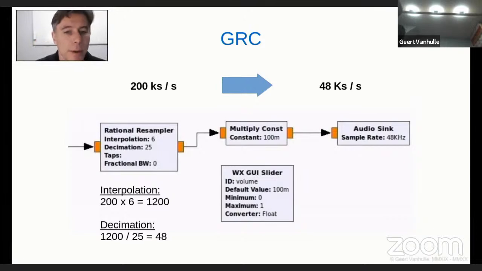So if I multiply the output sample stream here with a value, I get a volume control. And these samples I can feed to the audio card of my computer, for example, or laptop, or other general computing device, and what I get is the audio of the FM broadcast radio station, completely done digitally.